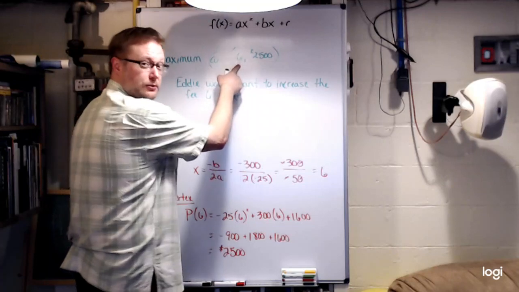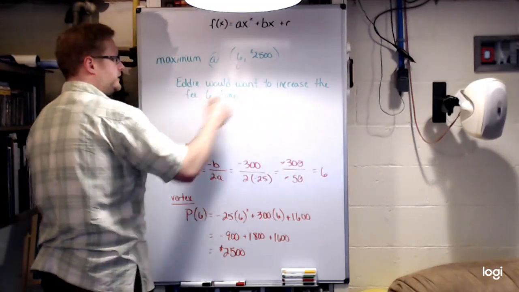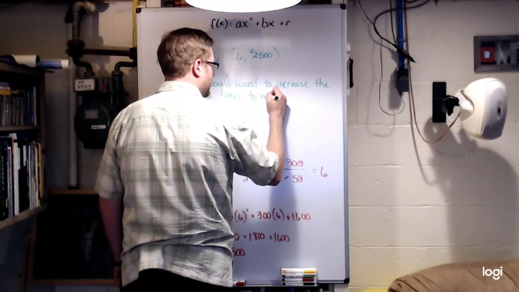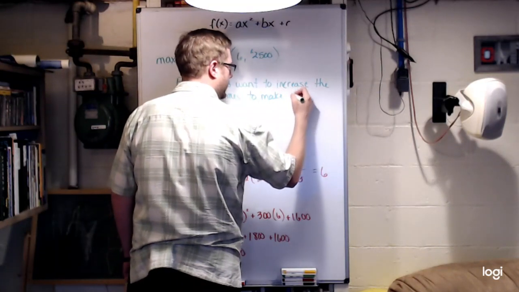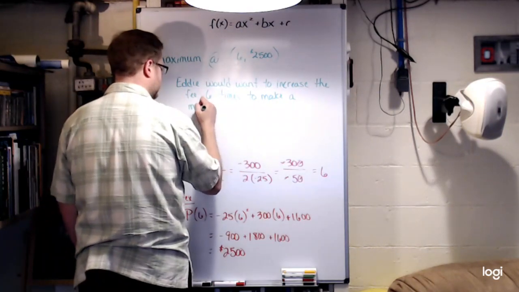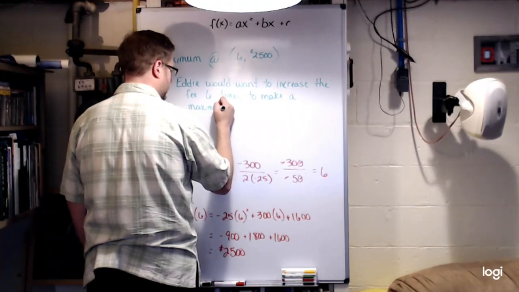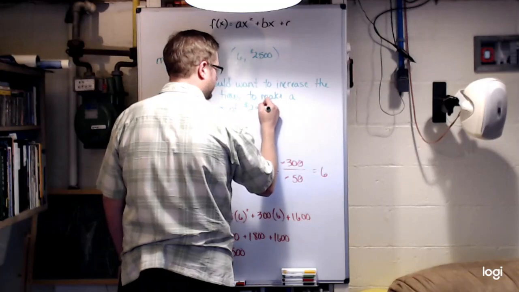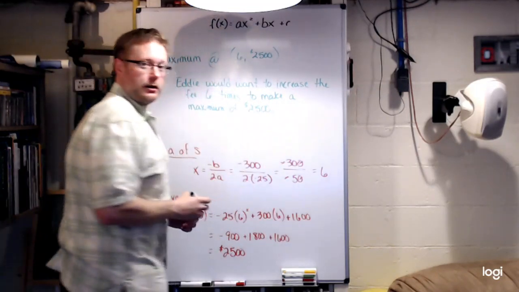That's what this 6 means right here. Would want to increase the fee 6 times to make a maximum of $2,500 for his charity. Okay?